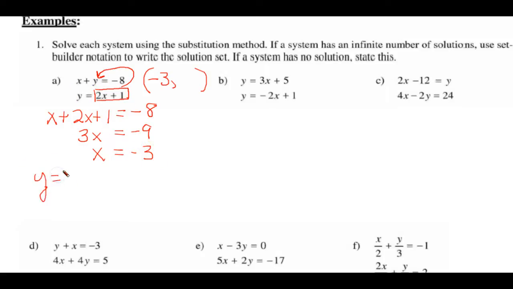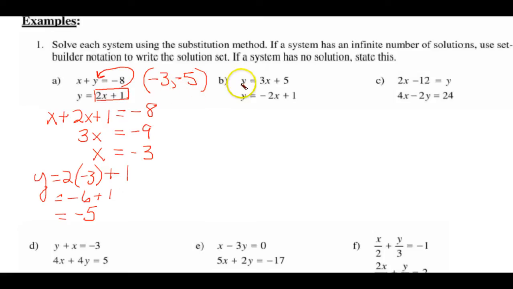Y equals 2 times a -3 plus 1. So this is going to be -6 plus 1. Y equals a -5. And if you noticed, in our previous slide, we had shown that it would be approximately this. We couldn't tell. But now, algebraically, we prove this to be true.